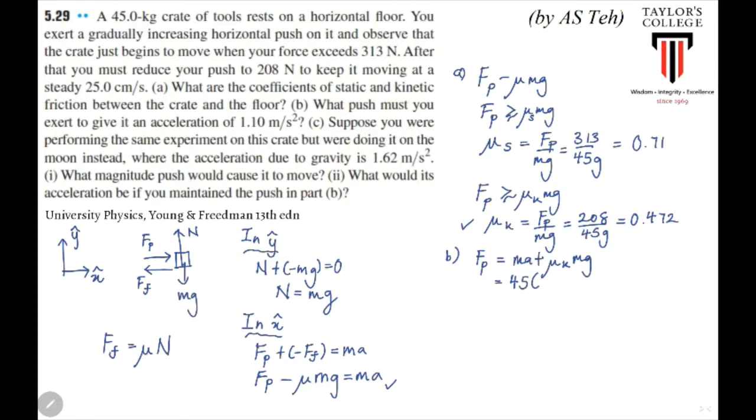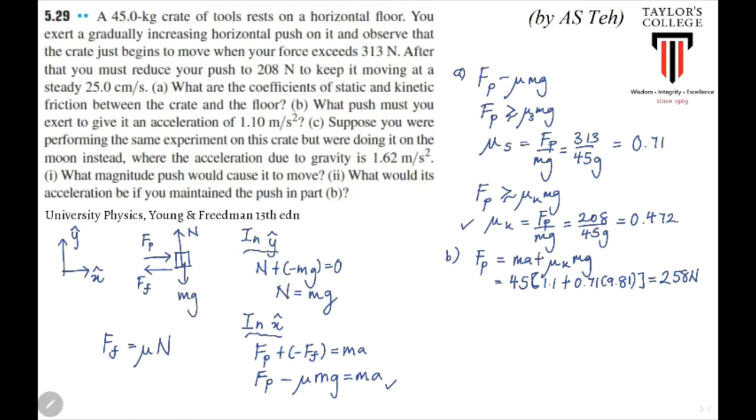The acceleration given to us is 1.1 plus mu k, which is 0.71, times g, which is 9.81. And it gives us a value of 258 newtons. So we need to push the crate as shown in this diagram with a force of 258 newtons in order to give it an acceleration of 1.1.